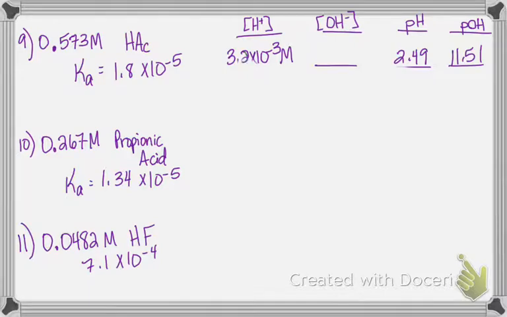Okay, and how I calculate the hydroxide, I can either say Kw divided by the hydrogen ion to give me the hydroxide. That's one way. Or I can say 10 raised to the negative 11.51, 10 raised to the negative pOH. Either way will give me this answer.